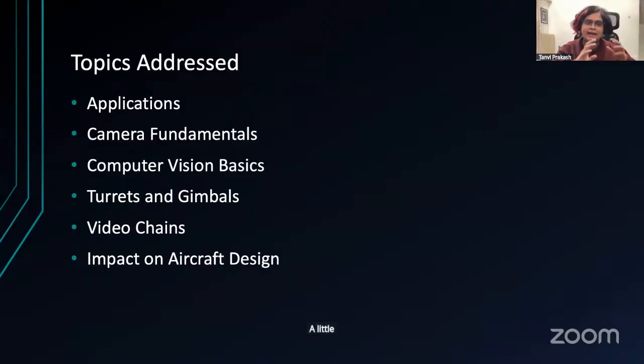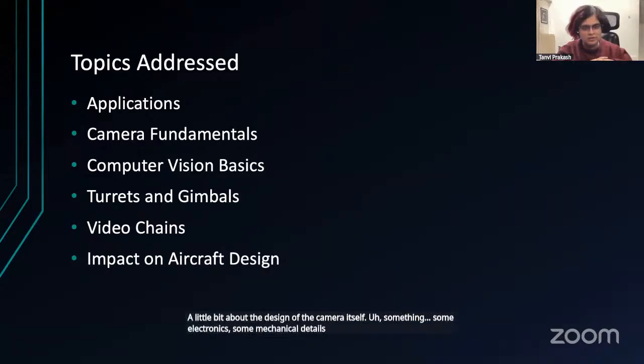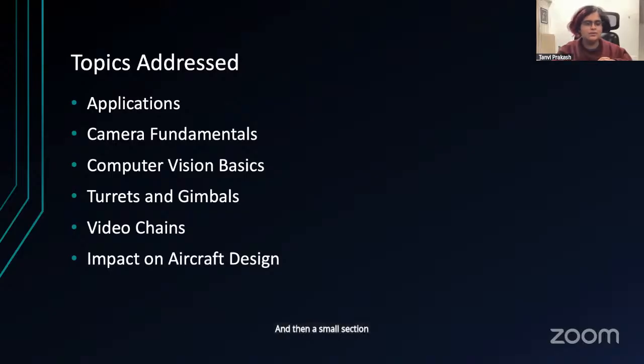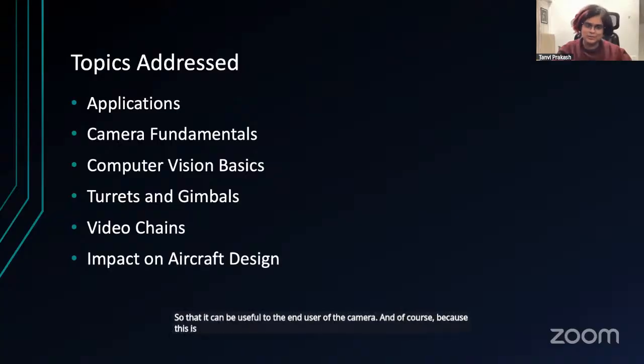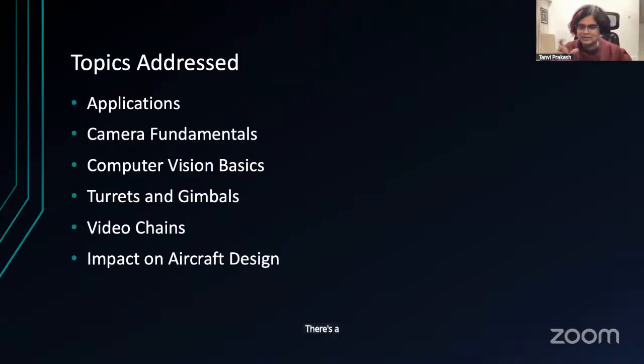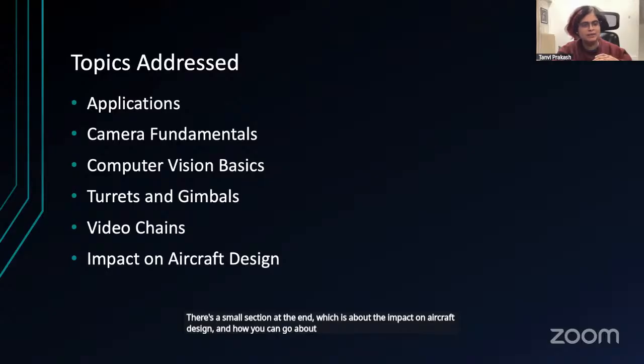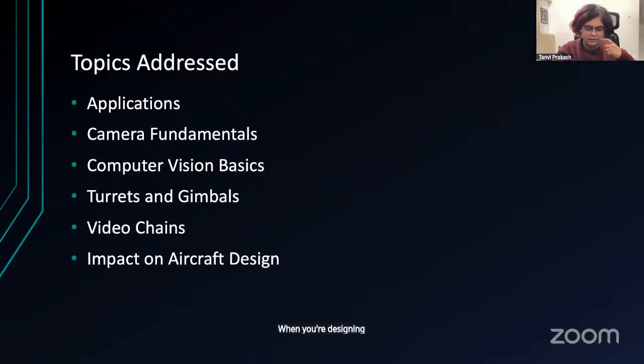A little bit about the design of the camera itself, some electronics, some mechanical details about what goes into the camera, and then a small section about how this data is actually used by UAVs, what is the chain that this goes through towards processing of the information so that it can be useful to the end user of the camera. And of course, because this is with respect to the NACDeC design competition, there's a small section at the end which is about the impact on aircraft design and how you can go about camera selection when you're designing a UAV.